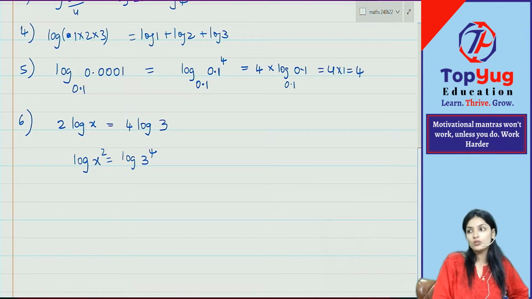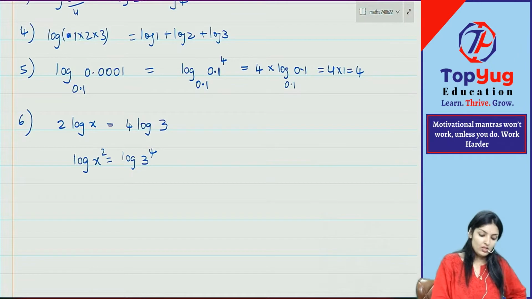Now how do we do? Are they not equal? Is equal to sign is there, no? When is equal to sign is there, what can we do?